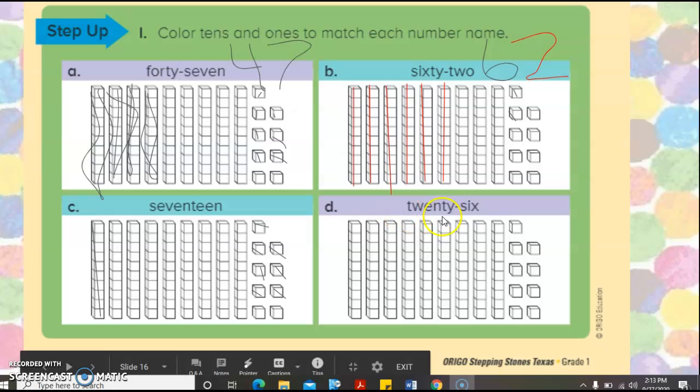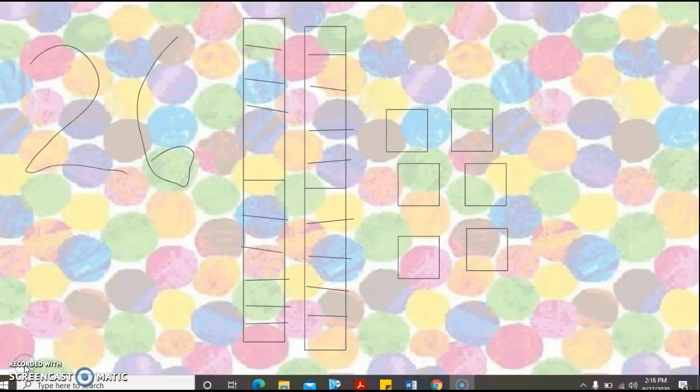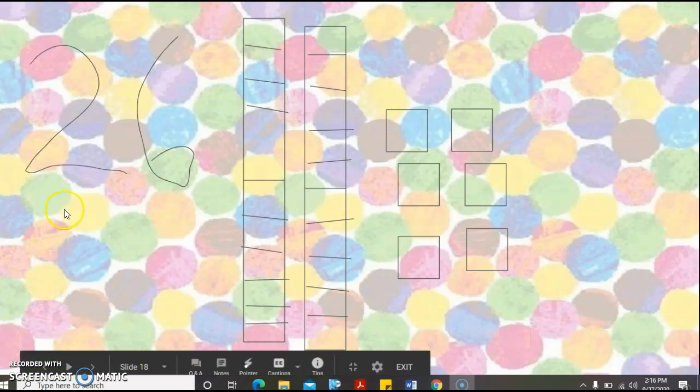Now, let's do 26. I'm going to give you time to do it on your own, so go ahead and pause the video. And then when you are finished doing letter D on your own, continue the video to see what the answer is. So this is what your answer should look like. I have a 2 in the tens position and a 6 in the ones position.